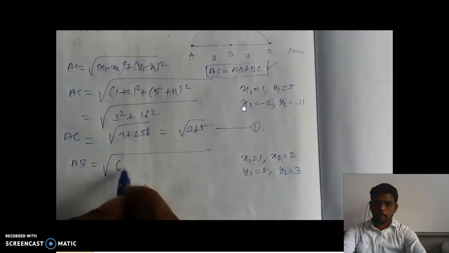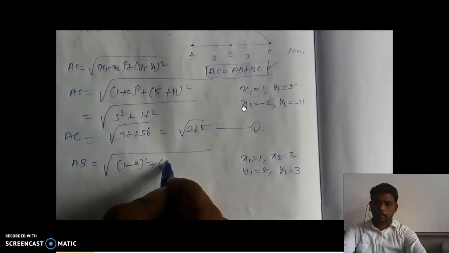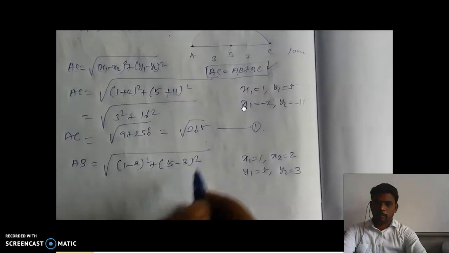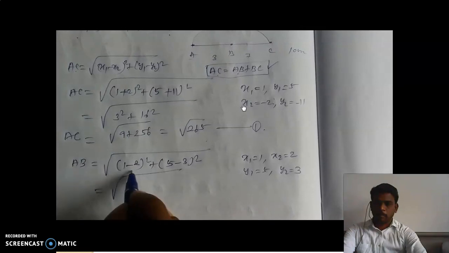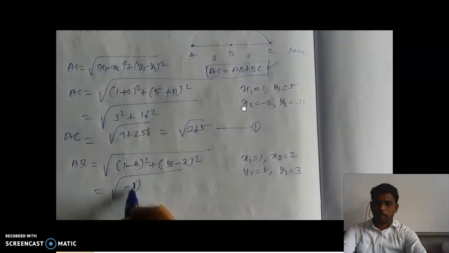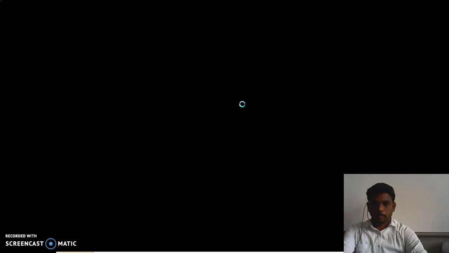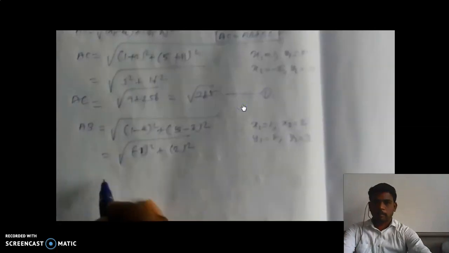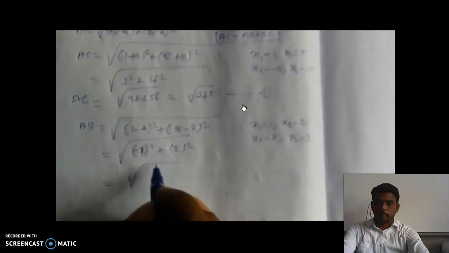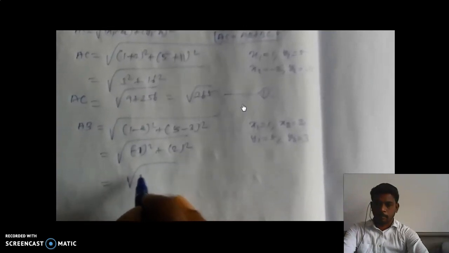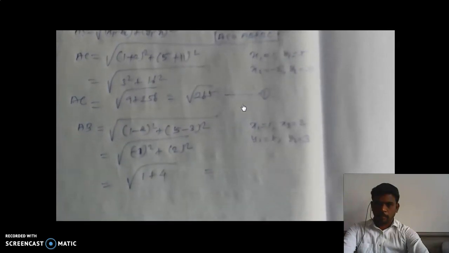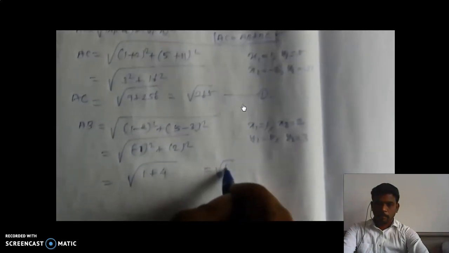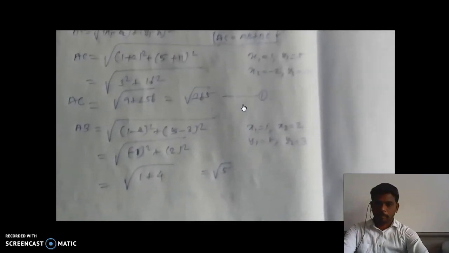So x1 minus x2 whole square plus y1 minus y2 whole square, equal to root of (-1) whole square plus 2 square, so 1 plus 4, equal to root of 5. Okay, root of 5, that is nothing but AB.